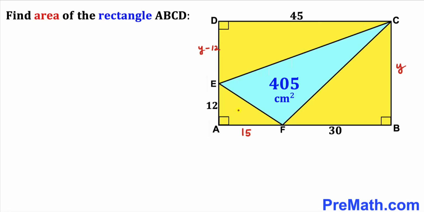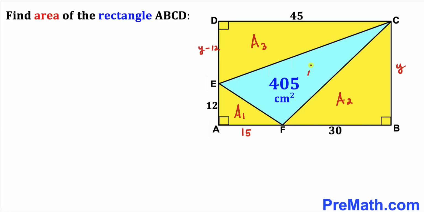Now we can see we have these four triangles. This is the first triangle, second, third, and fourth triangle. Let's assume the area of this triangle is A sub 1. The area for this triangle is A sub 2. The area for this triangle is A sub 3.